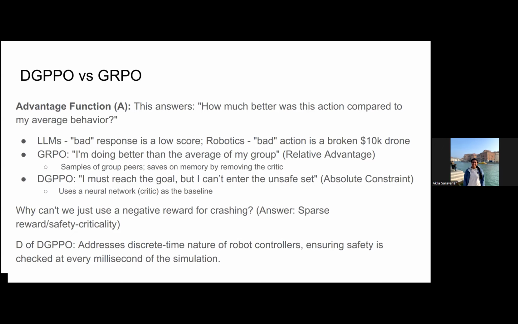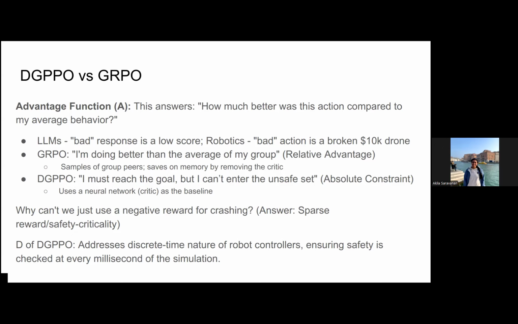Someone asked me at some point what the discrete part of DGPPO is meant to be. That's just to emphasize that we're dealing with discrete time, because when we're thinking about hardware and real robots, things are happening at a certain frequency. They're not continuous.